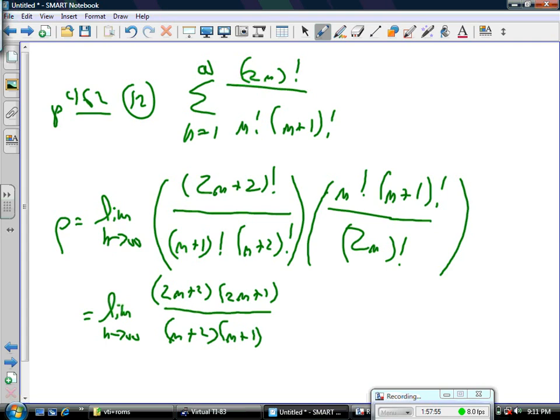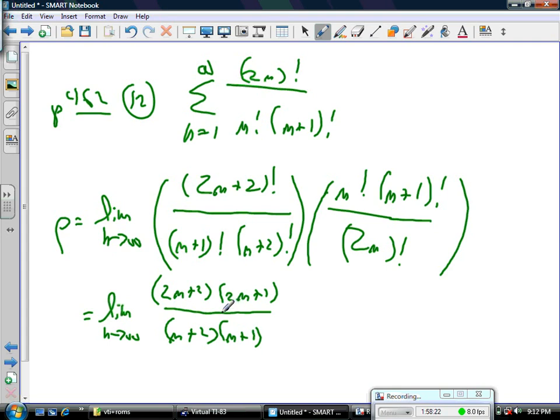Now remember, we talked about this briefly way back in limits, the first day. If you take a limit of a rational expression like this, if it's top heavy, like n squared over n, it goes to infinity. If it's bottom heavy, like n over n squared, it goes to 0. But if it's equal degree, if you FOIL this out, this is n squared stuff and this is n squared stuff, you look at the leading coefficients only.